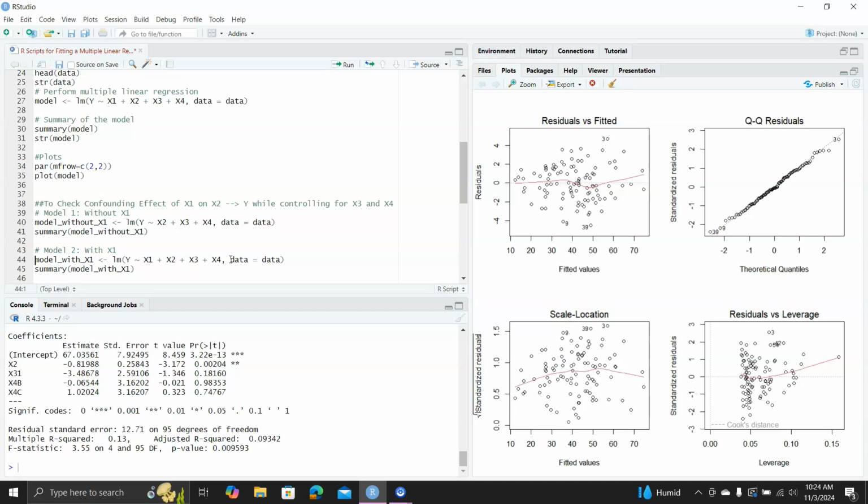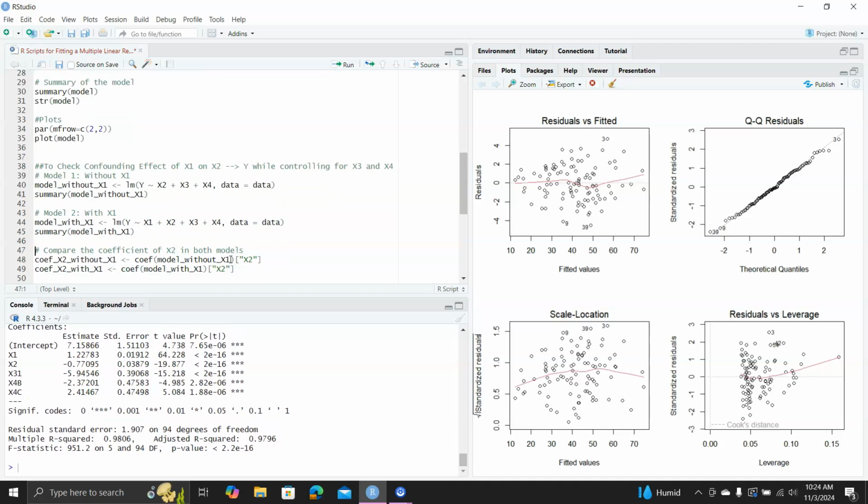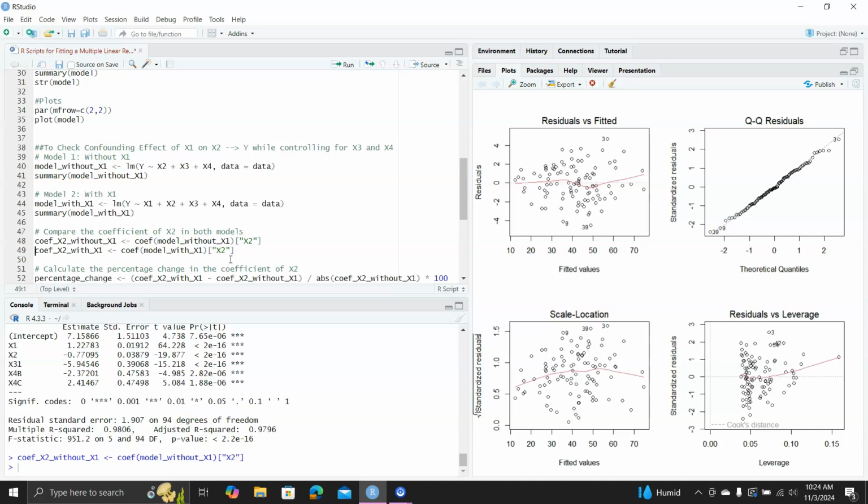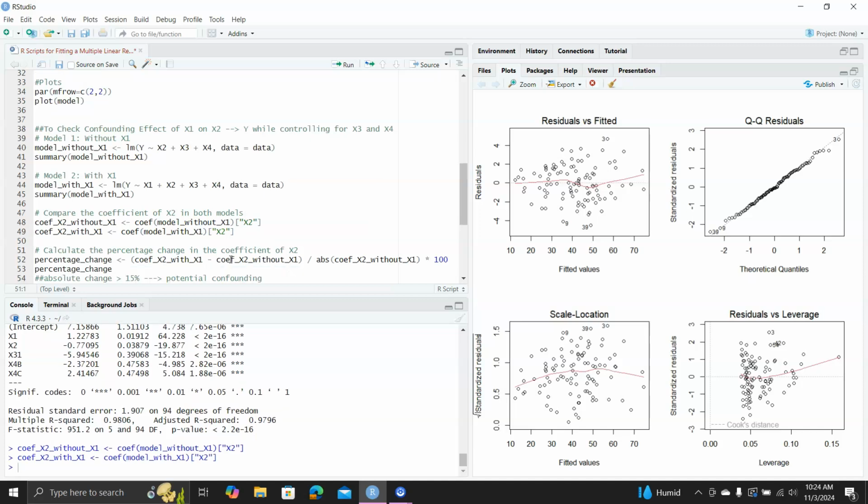Okay, and model 2 is with x1, so you get a model with x1, and then you look at the summary and you get the beta coefficient for x2 in this model. And we can extract the coefficient by using coef, C-O-E-F, and then we're using this syntax to extract that beta coefficient without x1 and with x1.